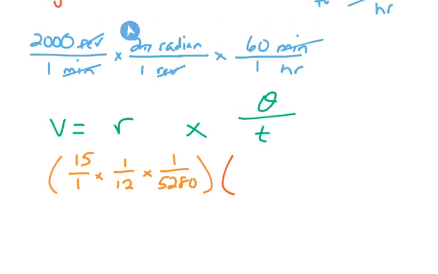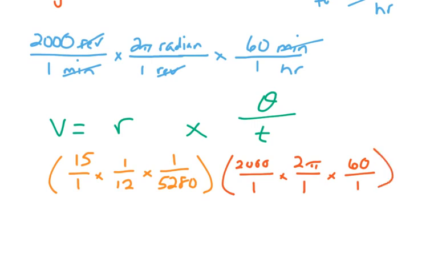And I'm just going to rewrite these 3 fractions again without the labels. But this pi is not a label. It is a number. It needs to stay. So it's going to be 2,000 over 1 times 2 pi over 1 times 60 over 1. That is going to be our linear velocity, how fast this race car is going in miles per hour.